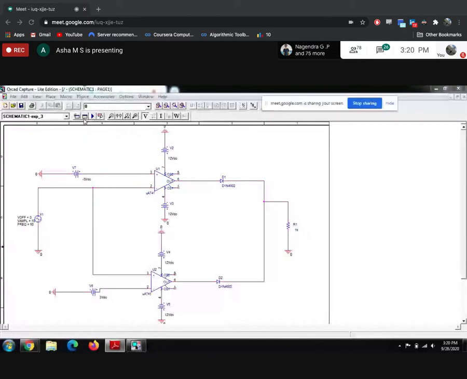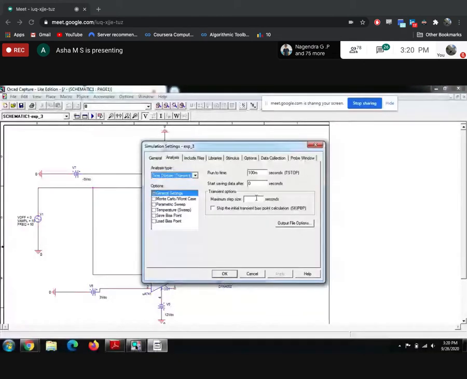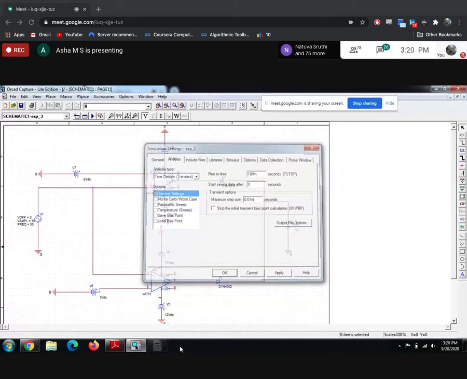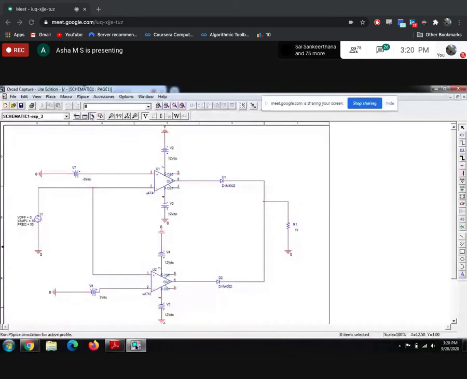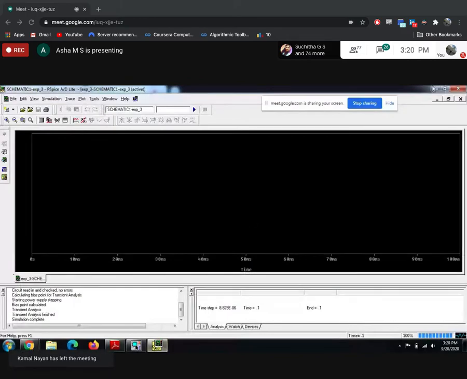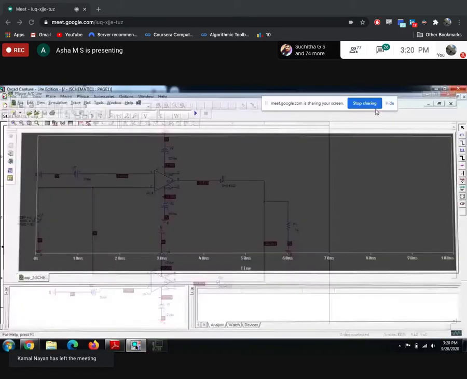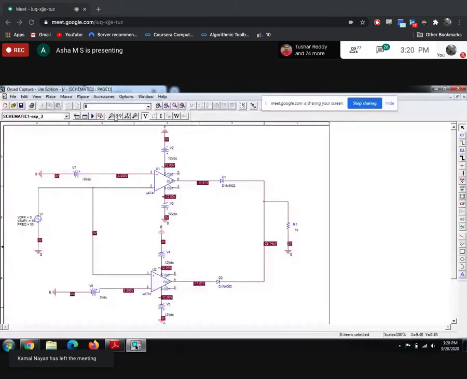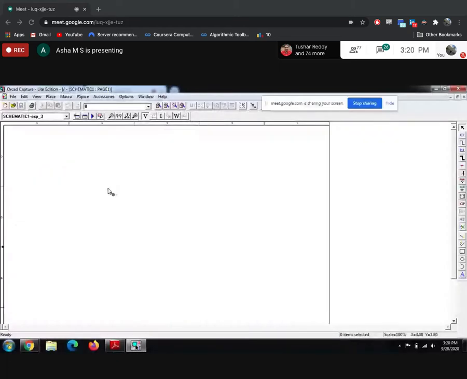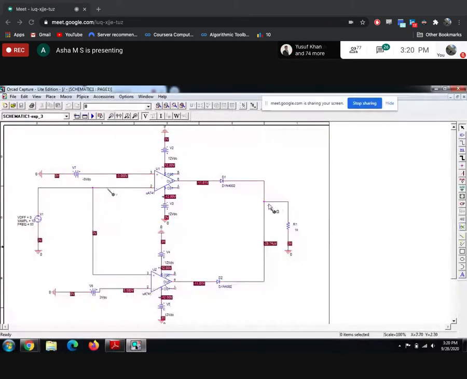Step size is 0.01 milliseconds. I have not inserted the probes, so take the probe and put it in. This is your input side. This is your output side. Now Control S. Once again run the circuit.